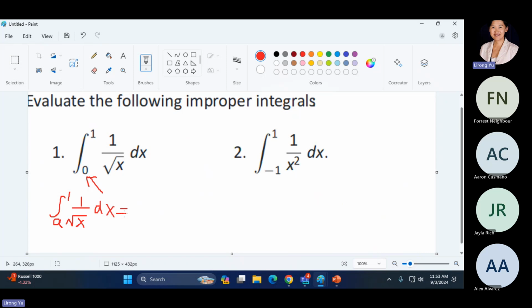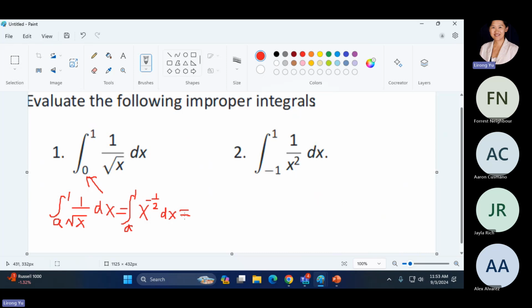Once we have a formula for this calculation, then we make a go to 0 and find that limit value. So to calculate this, realize this is integrating from one number to the number, we have x to the -1/2. If you finish this integration, we have to apply power rule.